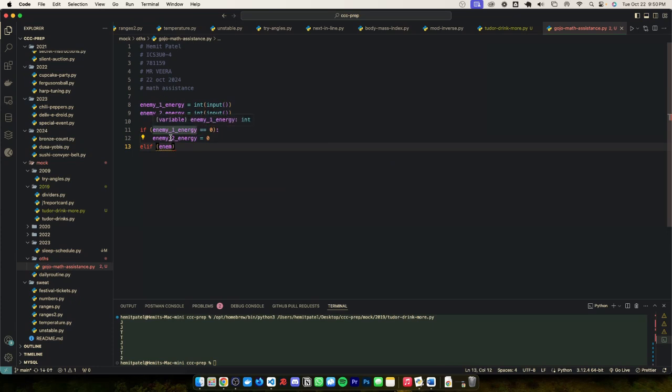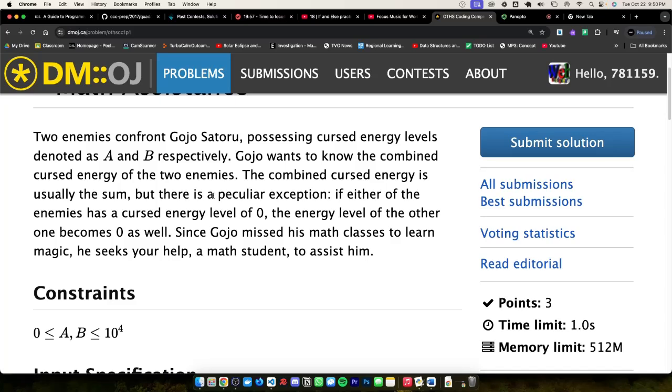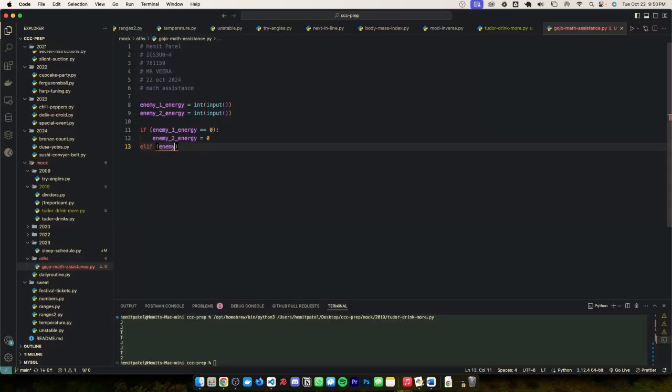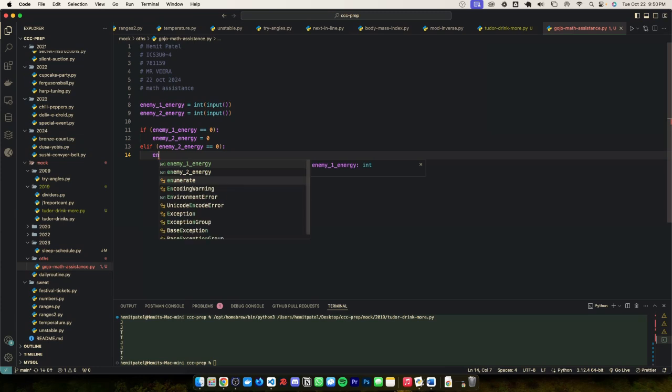Both energies can be above 0, which is denoted in the constraints, a range from 0 to 10 to the power of 4. So now we check if enemy 2's energy is 0, and if so, then enemy 1 will become 0 as well.